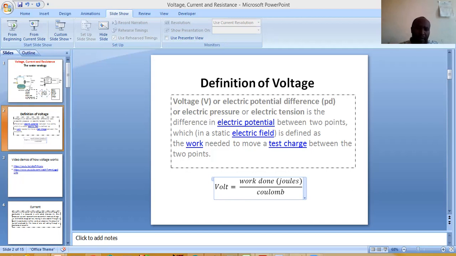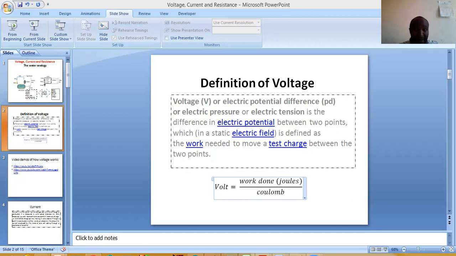Now, if you want to calculate electrical power, what you do is you take the product of the voltage across the appliance that is either generating or absorbing power, and multiply that with the current flowing through it.